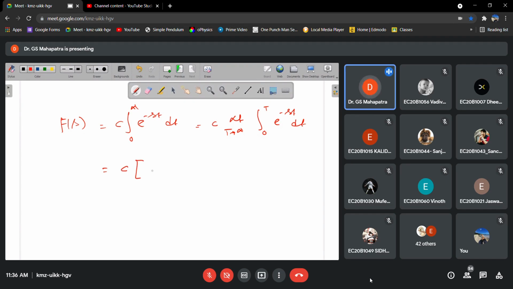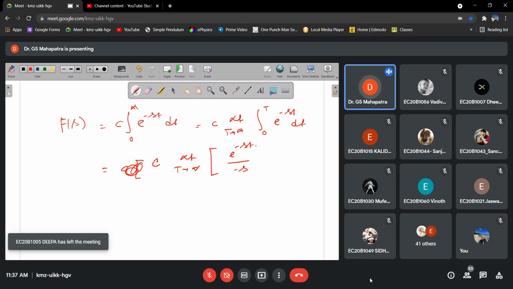So you can write C, limit t tends to infinity, small c of course, and now the integration of e to the power minus st by minus s.